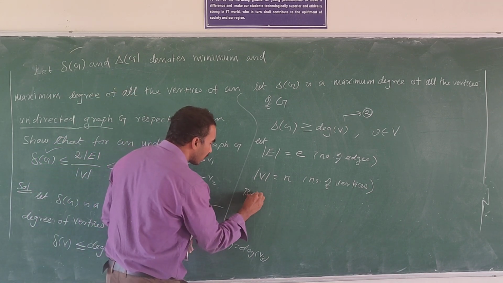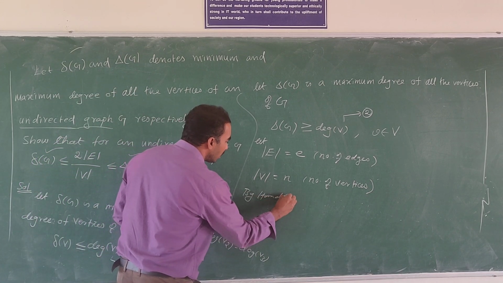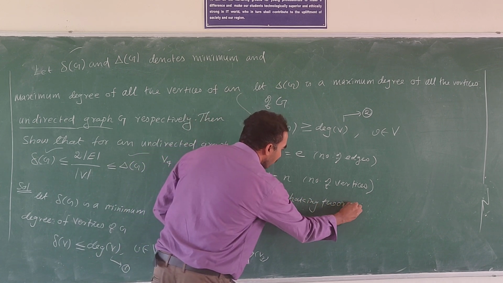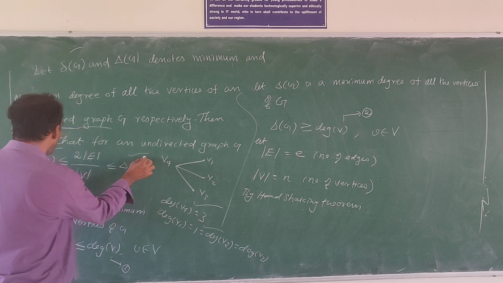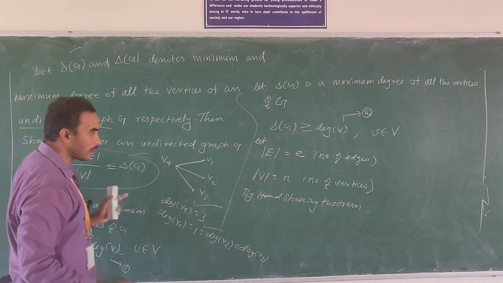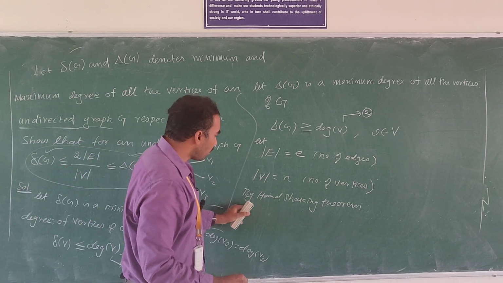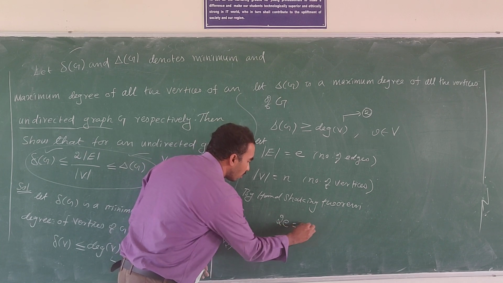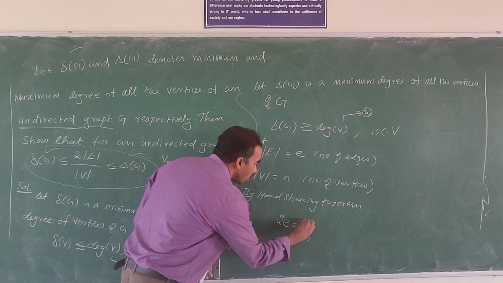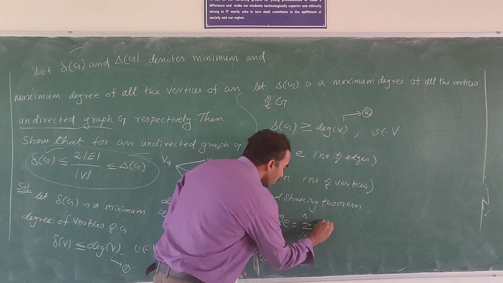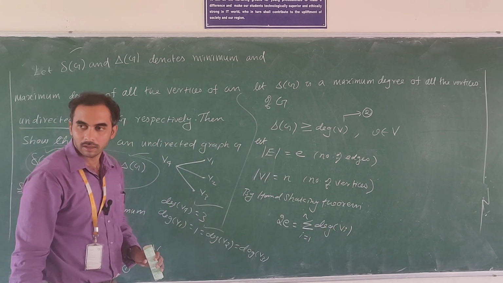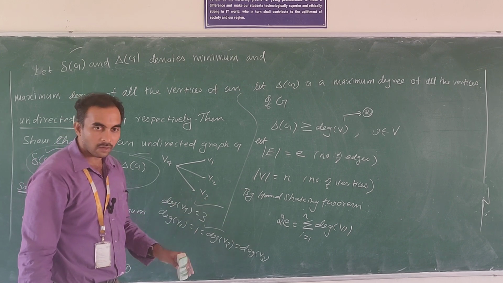By the handshaking theorem, finally we have to prove this one. Keep that in our minds. By the handshaking theorem, 2E equals the summation from i equals 1 to n of degree of Vi.